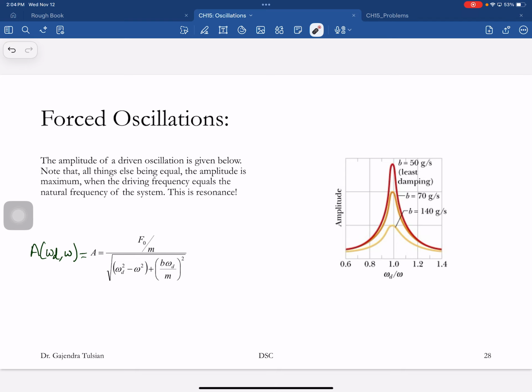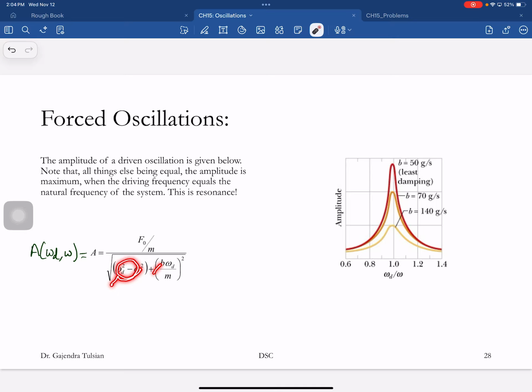All right, let's look at this equation. This is the amplitude of the oscillation. Now let's look at this. If this term is small, and let's say the driving frequency matches the frequency of oscillation, this term becomes 0.